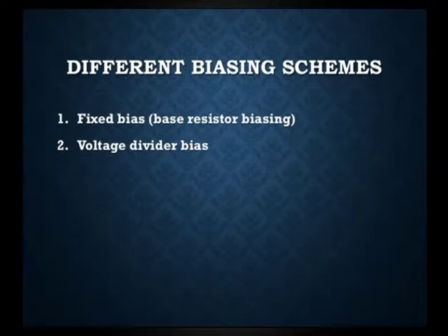Next, we move on to the different types of biasing circuits that we are going to study. The two types of biasing circuits are fixed bias, or base resistor biasing, and voltage divider bias. These are the two biasing schemes that we are going to study.